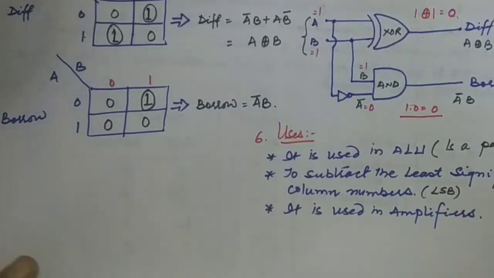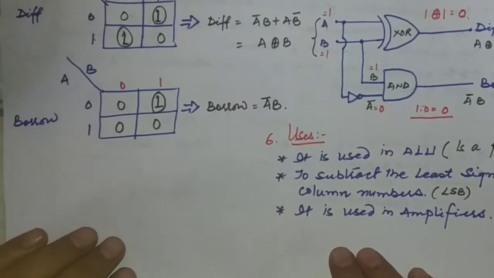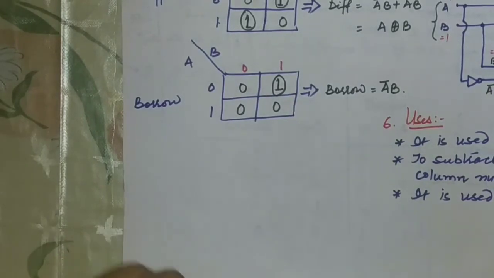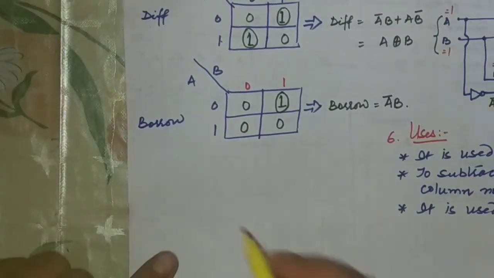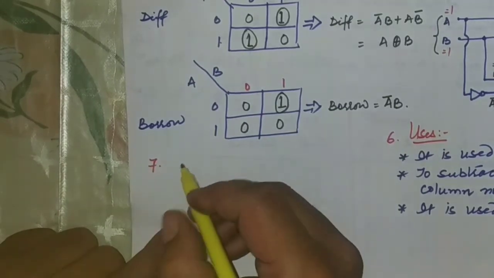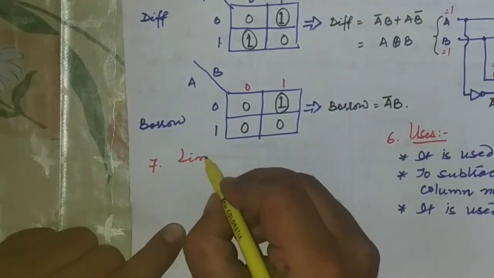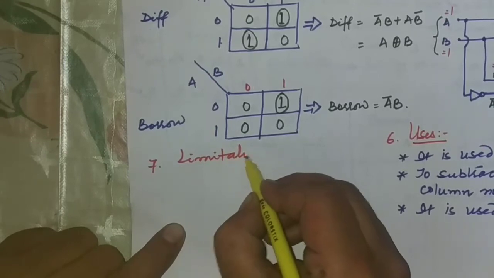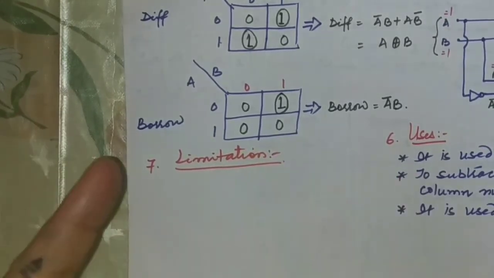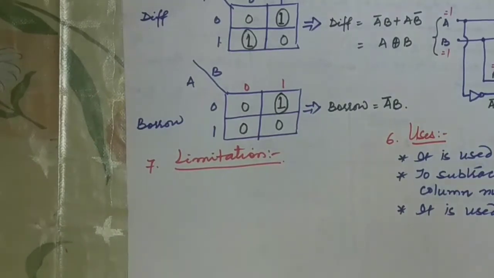So this is the sixth point about its uses. And like the half adder, this half subtractor also has one limitation. So the last point, the seventh point, is its limitations. So what is its limitation?